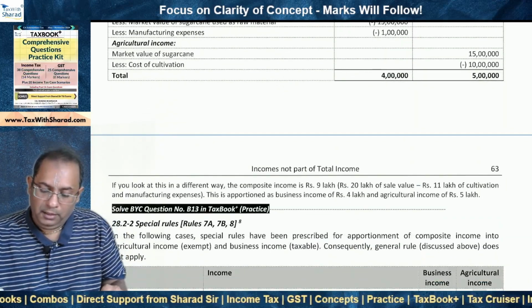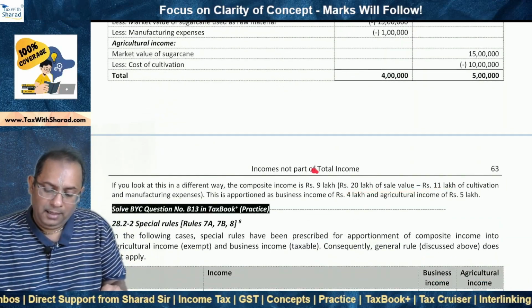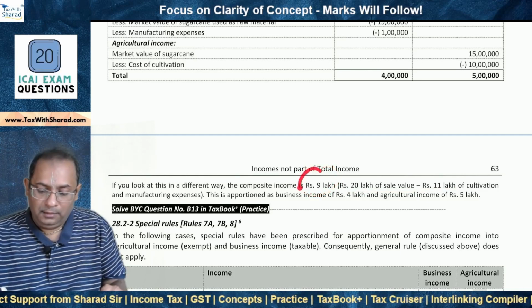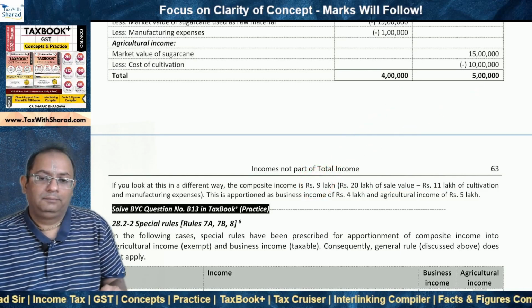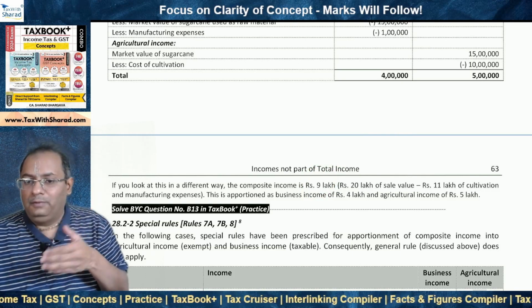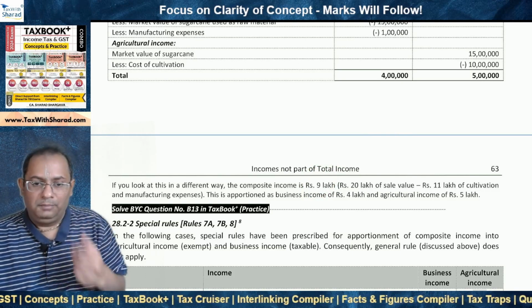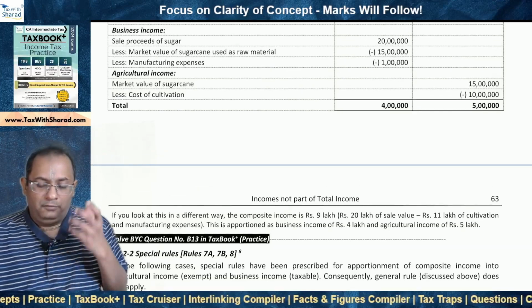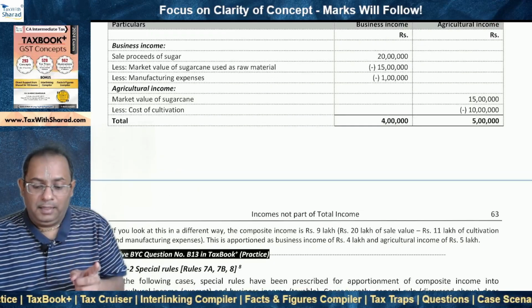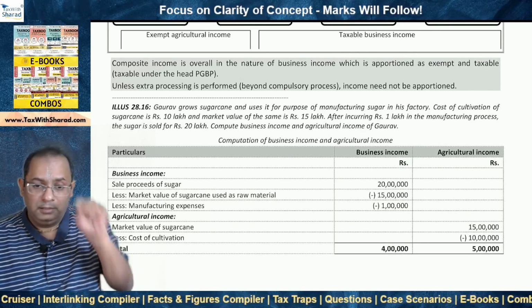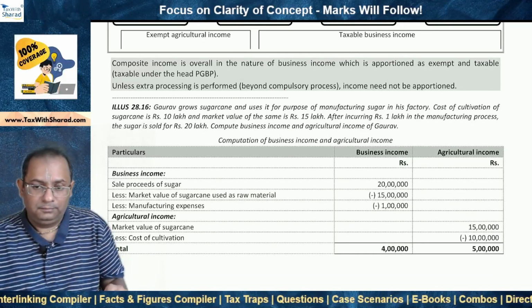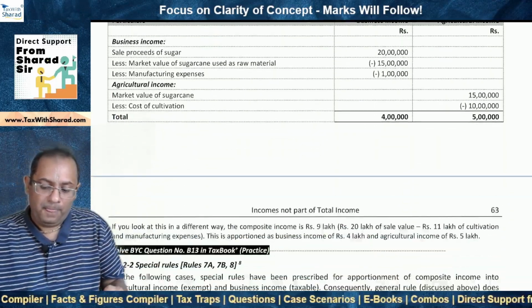So what we do is 20 lakh minus 11 lakh is 9 lakh. This is the composite income. And this is what we apportion into 4 lakh and 5 lakh respectively. So hope now you have understood the concept, okay, of what is composite income, when does it arise, and how do we apply the general rule to apportion composite business income into exempt portion and taxable portion. Okay.